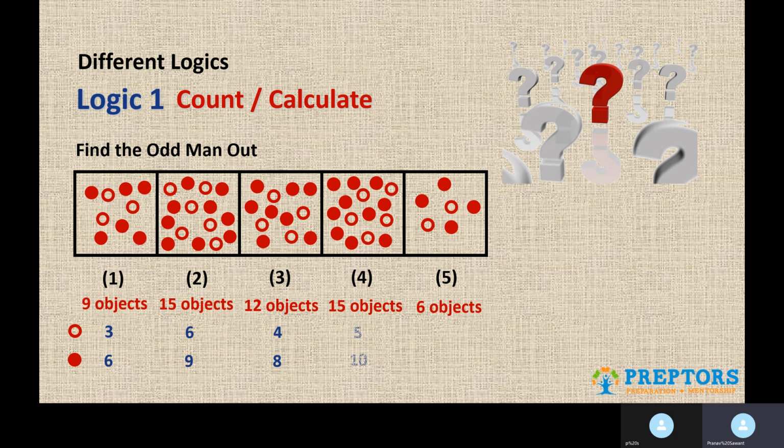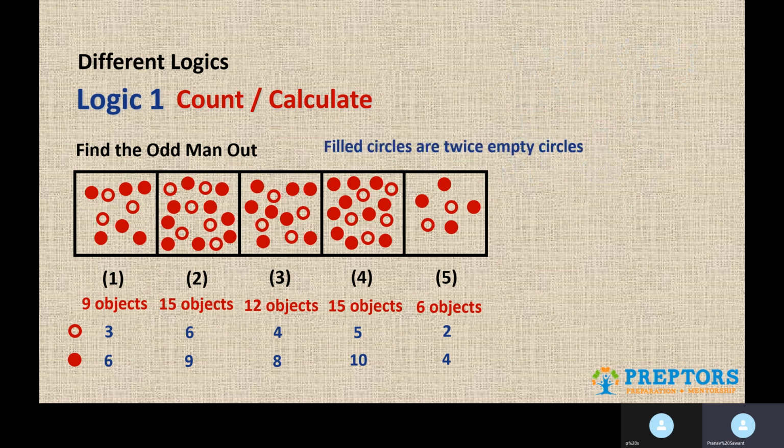So there are 3 white dots and 6 red dots in the first one. In the second figure we have 6 white dots and 9 red dots. In the third figure we have 4 white dots, 8 red dots. Fourth figure we have 5 white dots and 10 red dots, and so on.